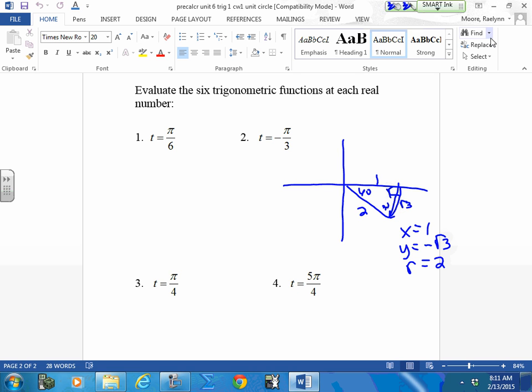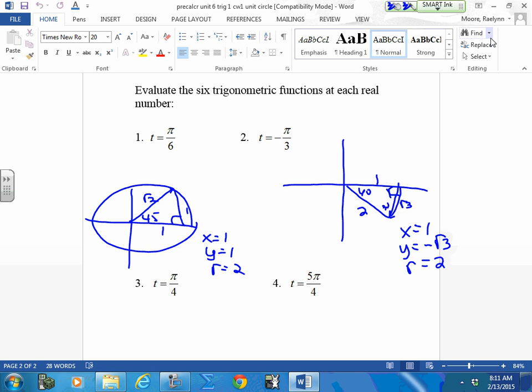Okay? Pi over 4. How many times does 4 go into 180? 45. Oh, here's my special triangle. It's a 45. I rotate it till I just open to 45. And I'll set it up 1, 1, radical 2. And from there, can you do the same thing that we just did in your chart? Right?